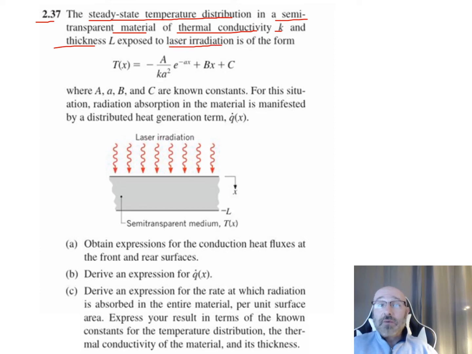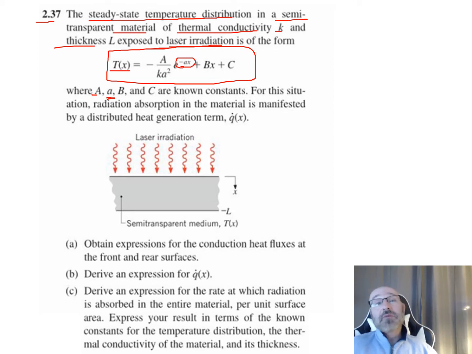The form is given by T of x equals negative A over K a squared, times e to the negative ax, plus bx plus c, where A, a, b, and c are all known constants.